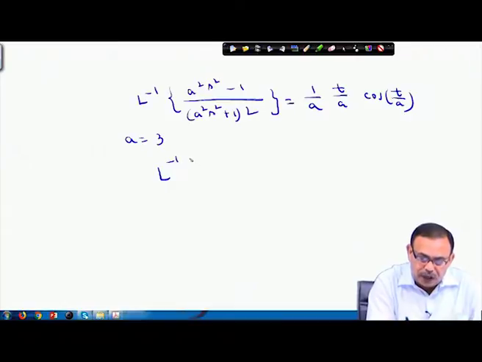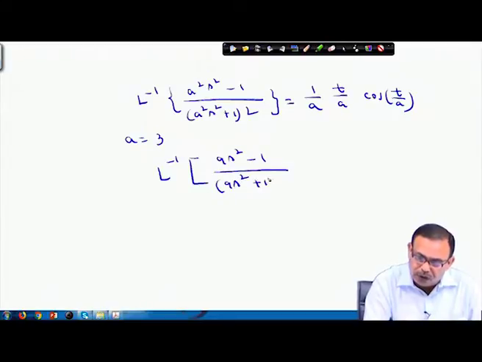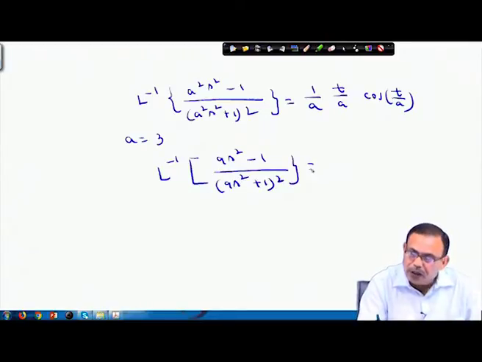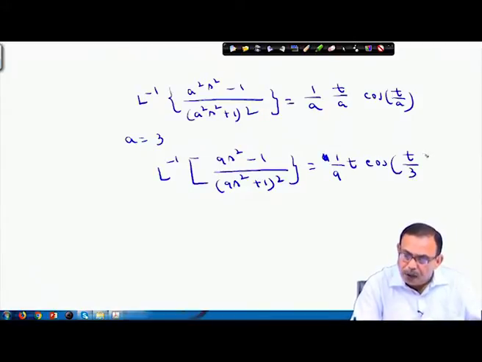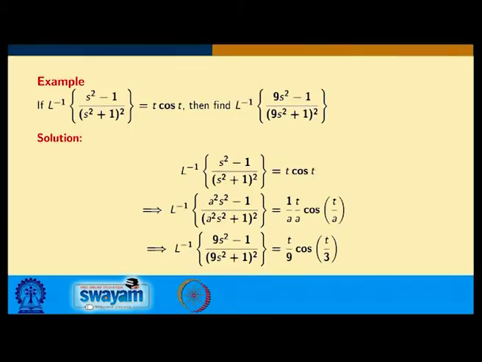So that you will get Laplace inverse of (9 s square minus 1) by (9 s square plus 1) whole square, and here it becomes 1 by 3 into t by 3 into cos of t by 3. Therefore, from this problem the Laplace inverse of this function is equal to 1 by 9 into t cos of t by 3.